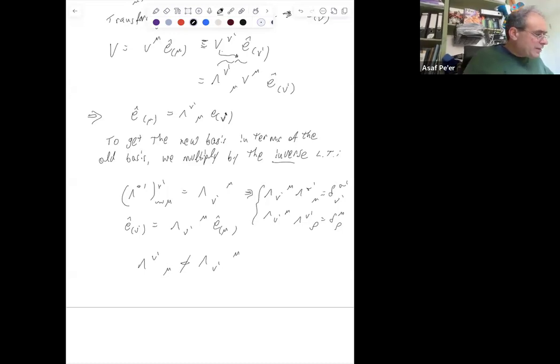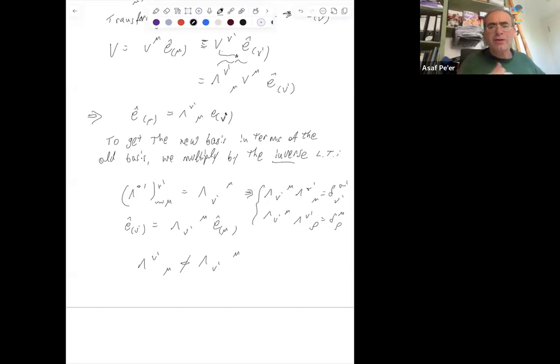But here, this already explains the term that I was asked about. Why do we call it a contravariant vector? Now the answer is clear, because the transformation law of the components of a contravariant vector is the opposite, namely contra, to the transformation law of the basis vectors. This explains the name contravariant.